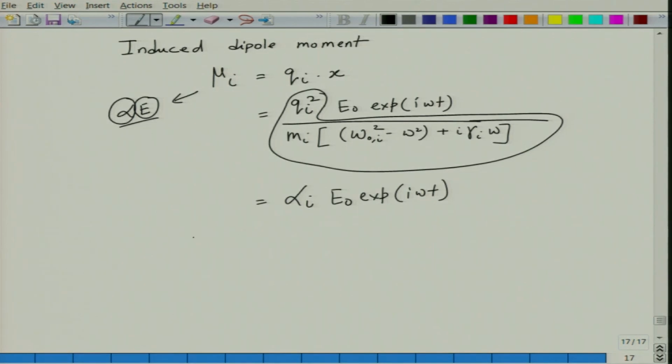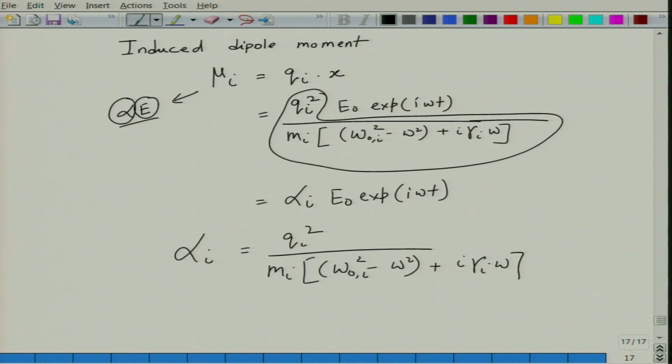So, this term that we have just derived here is basically the polarizability. This is alpha_i of the ith kind of species, equal to q_i squared divided by m_i into (omega naught i squared minus omega squared plus i gamma_i omega).